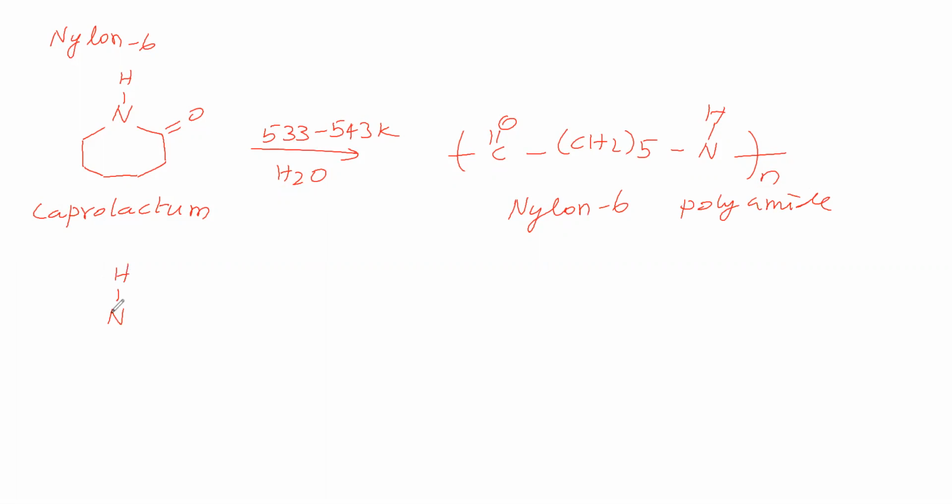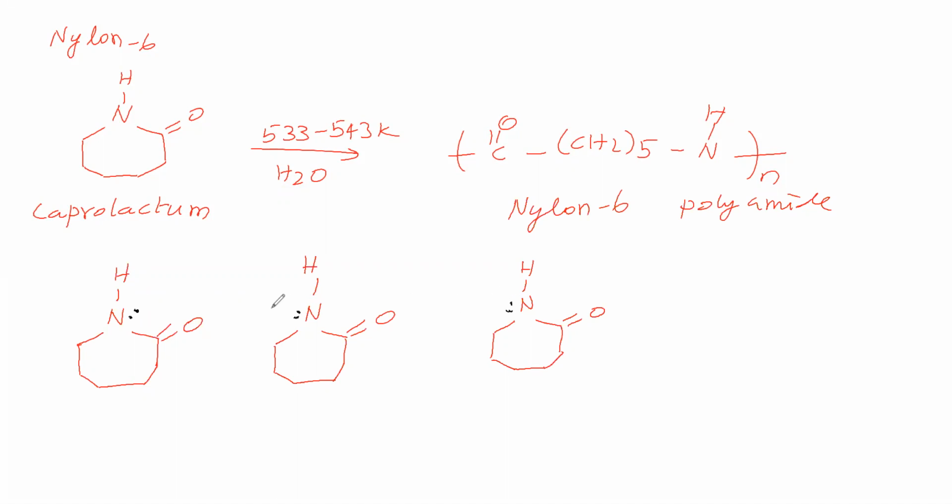This caprolactam has NH and here CO. Another caprolactam we will take, and one more caprolactam. Now we see this nitrogen has a lone pair.